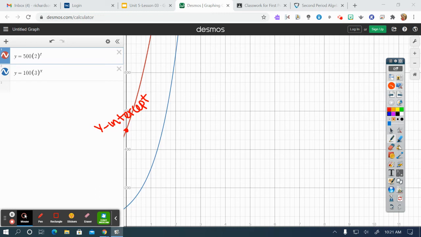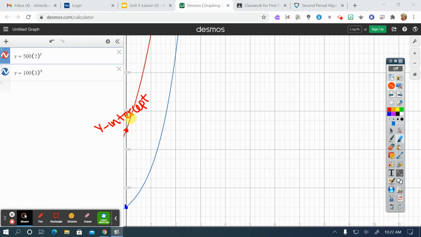On the other equation, we can see the 100 in the same spot. We can see that it is also the y-intercept, and it is crossing the y-axis at 0, 100. So we have 100 single-cell parasites initially. The 2 and the 3 are our growth factors. We can't see those as clearly on the graph, but you can see because it is doubling every time.